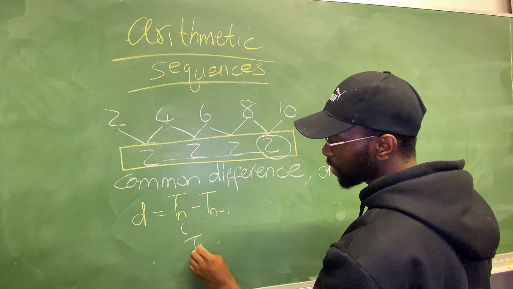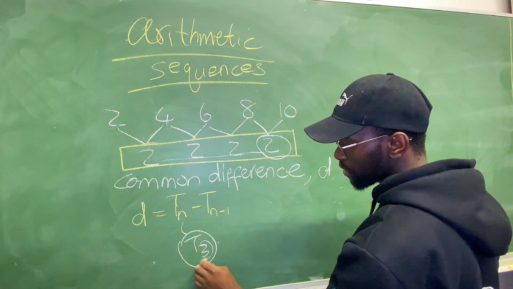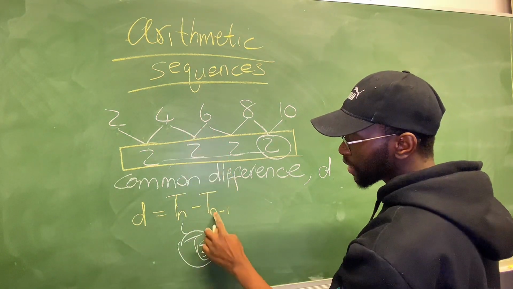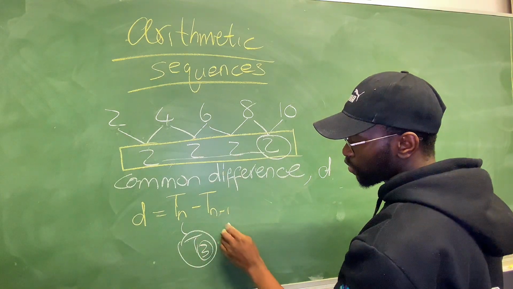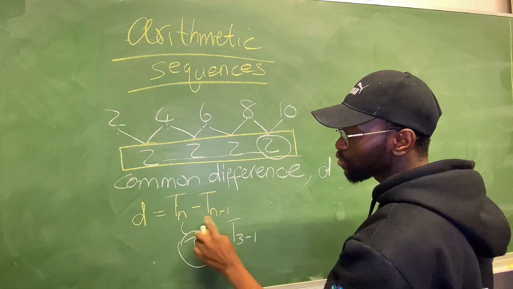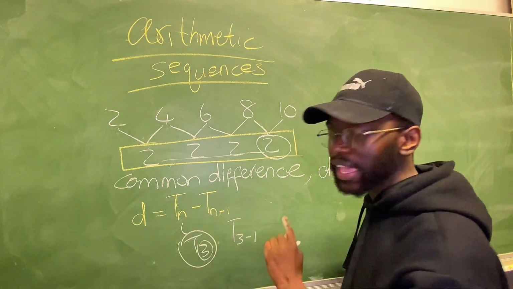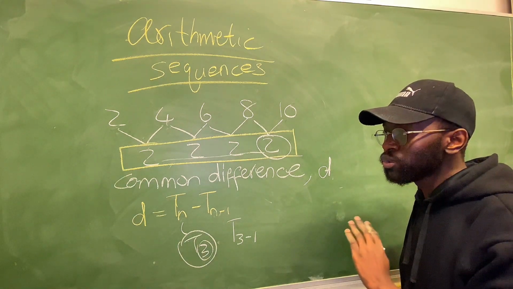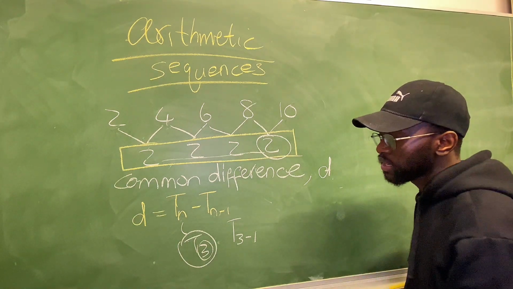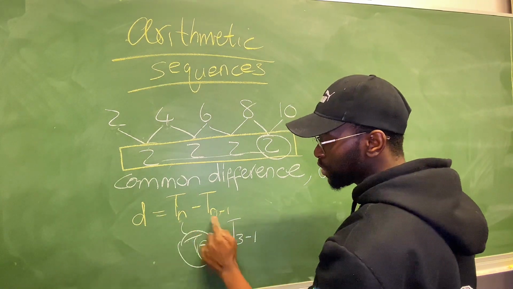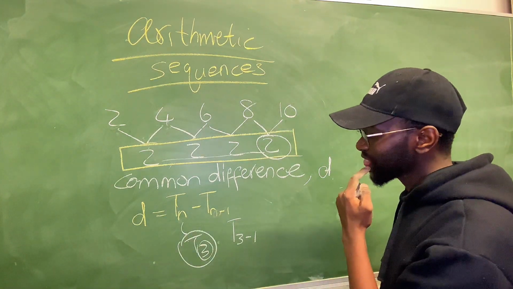So if you have t3, your n is 3, so you'll take the value at position 3 subtracted by the value at n minus 1. So that will be 3 minus 1. So the n has to be the same. Every time you use any formula while doing sequences, patterns, and series, when you substitute into one equation, the n must be constant for all n's.